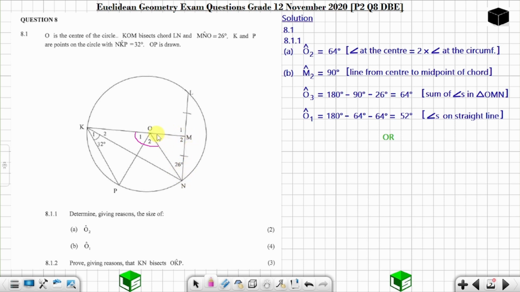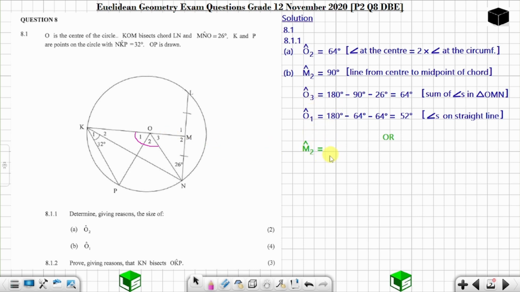Remember, the exterior angle of the triangle OMN is equal to angle M2 plus 26 degrees. So we need the angle M2 so that we can find the exterior angle, and then we are going to find angle O1.